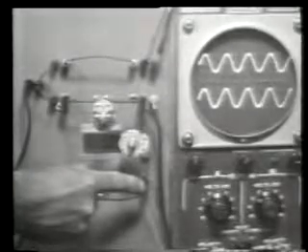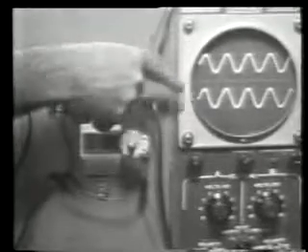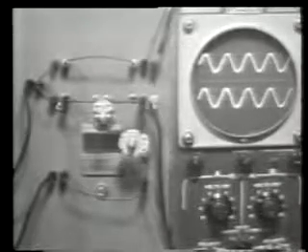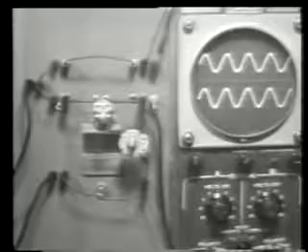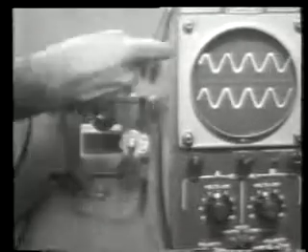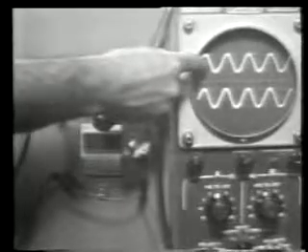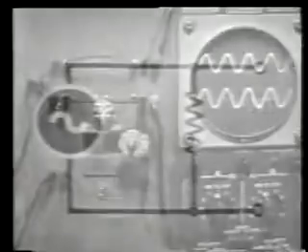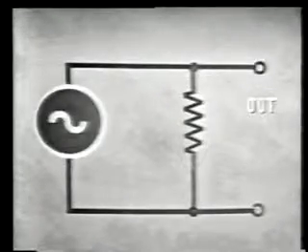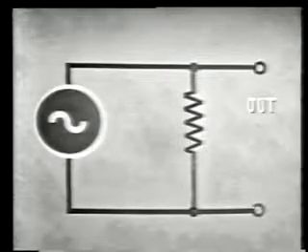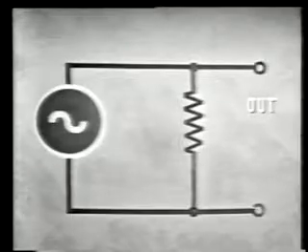Now this should give us maximum output voltage, and as you can see, it does. You can also hear the fact that we're getting our audio tone clearly through this circuit now. We have 10 volts in our input, 10 volts directly from the signal generator, and we also now have 10 volts in our output. So we can conclude that to have maximum output voltage requires minimum series opposition and maximum shunt opposition.